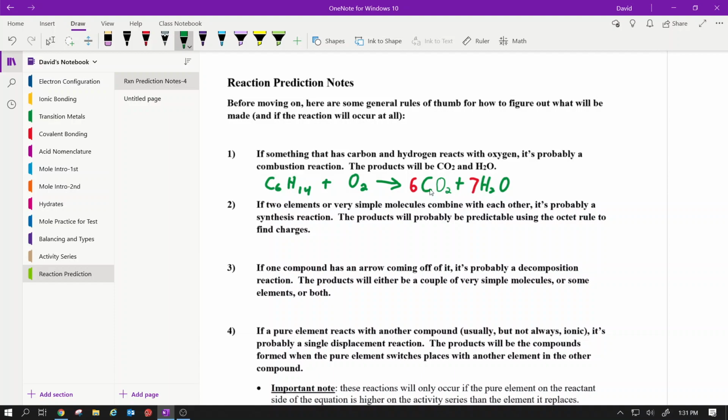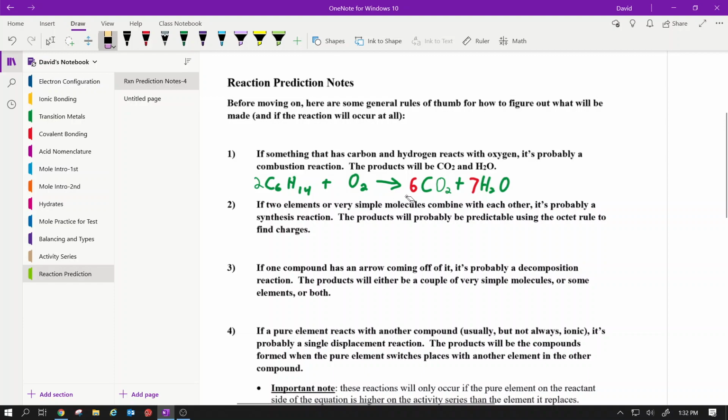Sure enough, 12 and 7, 19. Don't have a clean way to get that. What I'm going to do instead is double this. What you could do is look and say, okay, 19, that'll be 9.5. And then when you double it all to get whole numbers, that will automatically fix it for you.